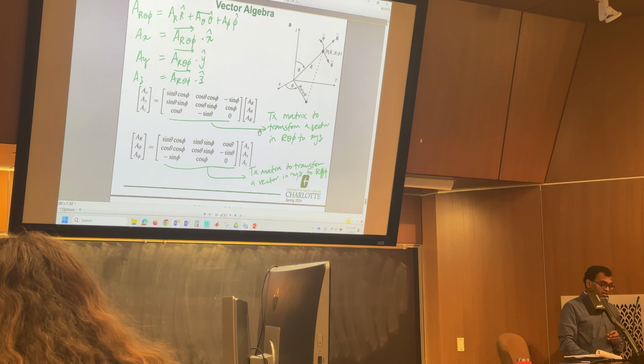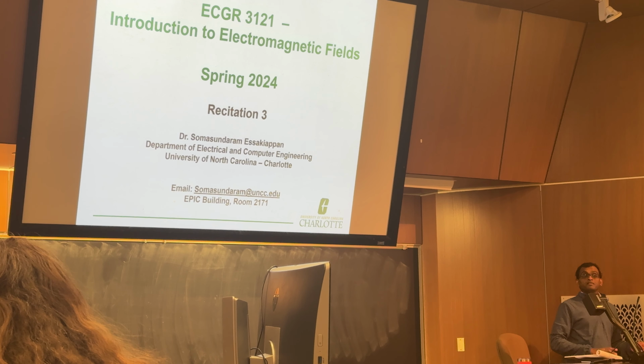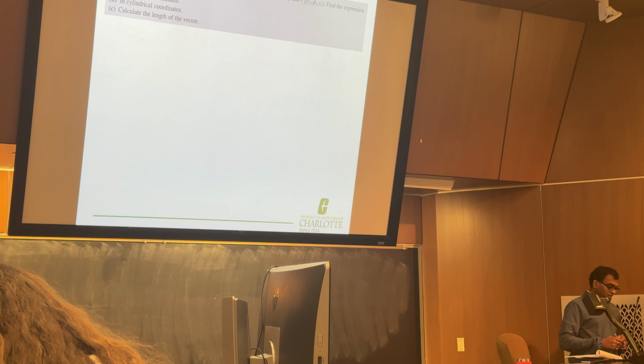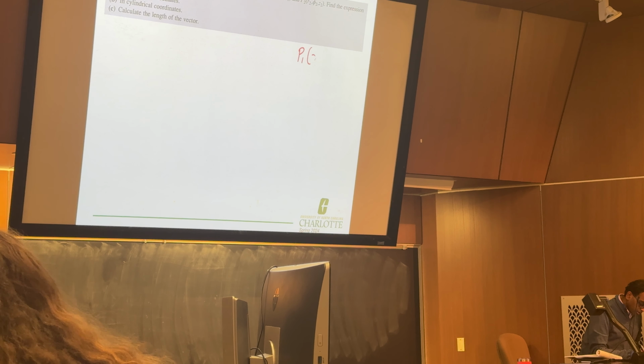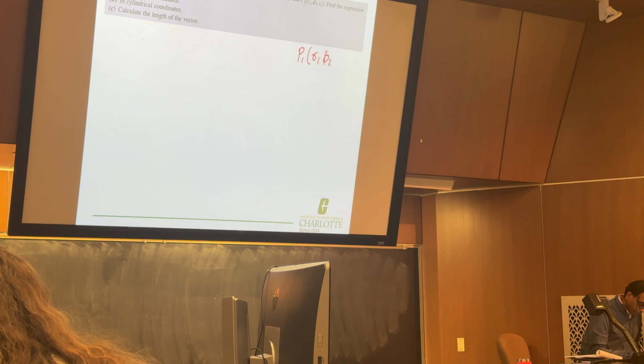Right, yes, so as I said, the problems here are going to be primarily in the various coordinate systems and the transformations. So the first one, this is an example problem, so you could review the textbook as well. We have 2 points in the cylindrical coordinate system given as P1 is (r1, phi1, z1), and P2 is (r2, phi2, z2).